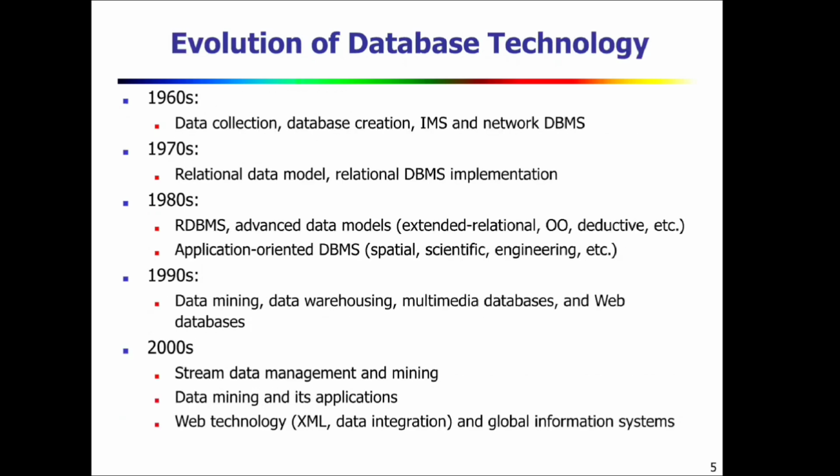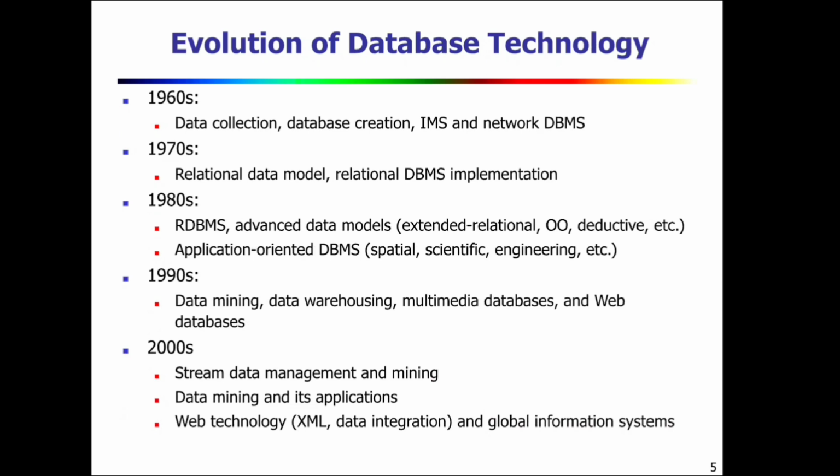Evolution of database technology. Yes, in the 1960s, during the invention of computer related devices and data storage devices, the concept of data collection came, data creation and IMS and network DBMS started.